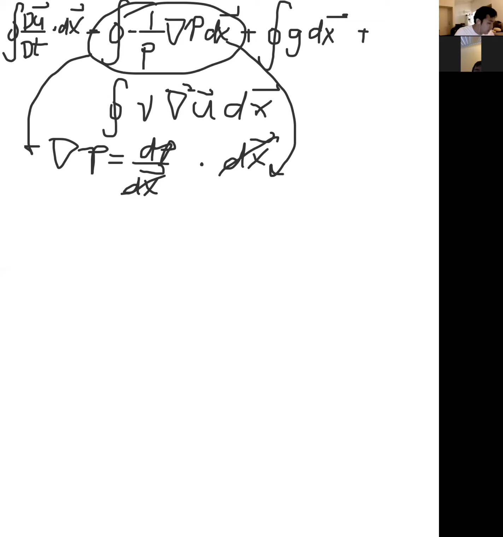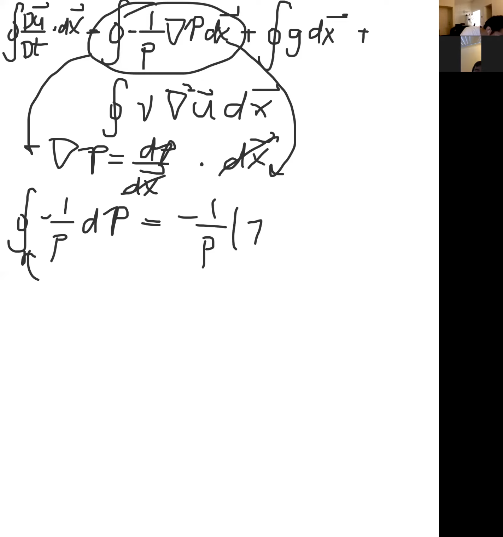So then that integral becomes the closed integral of -1 over rho times dp, because the dx's cancel out. What we're integrating basically is the pressure, which is a scalar field, over a closed curve. The property of a closed line integral is that we start and end at the same place. We're just going around in a circle. So the integral of this is going to be 1 over rho times p at the end minus p at the start.